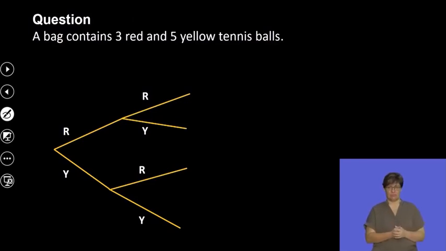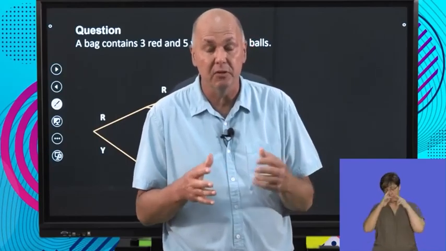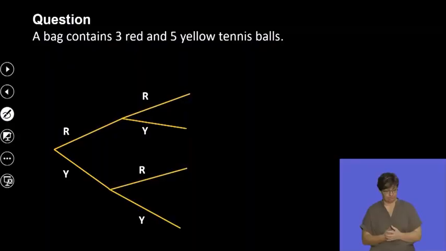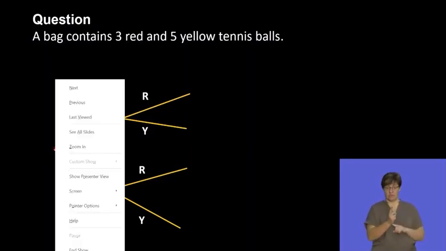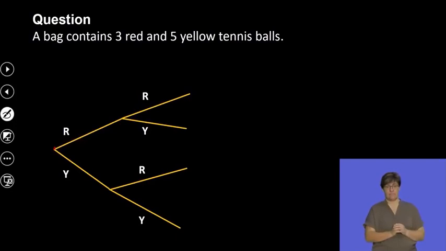So let's go and do this, draw the tree diagram, and fill in as much detail on the tree diagram as possible so it will help us with any further investigations or calculations. So the first thing we need to recognize, I've already set it up. At the starting point, we can either have a red tennis ball or a yellow tennis ball.